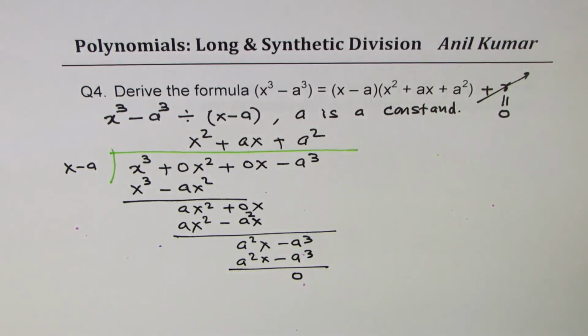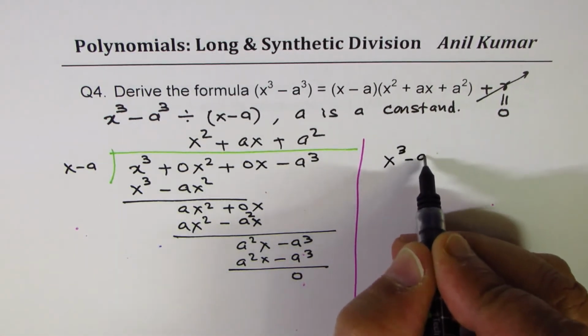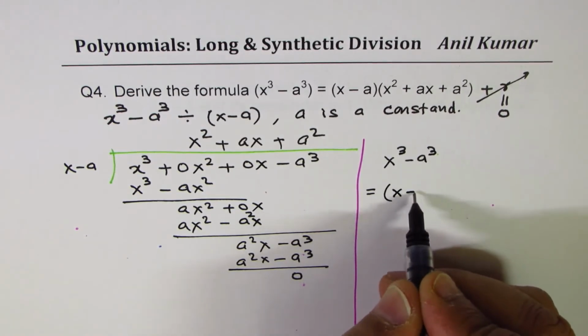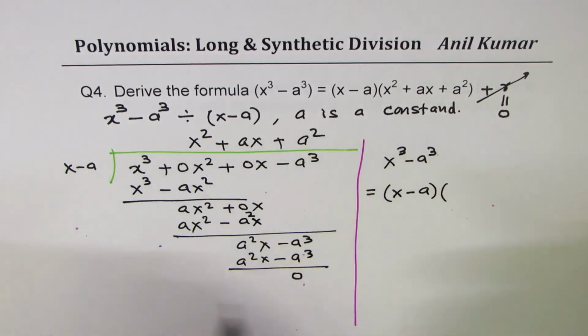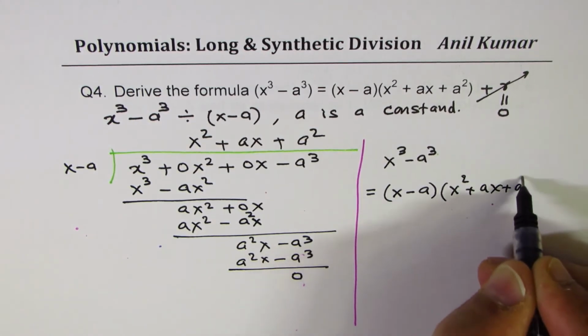Do you see that? Since the remainder is 0, we know x minus a is a factor, and we could now write that the function, which is x cube minus a cube, is indeed equal to x minus a times the quotient, which is x squared plus ax plus a squared.